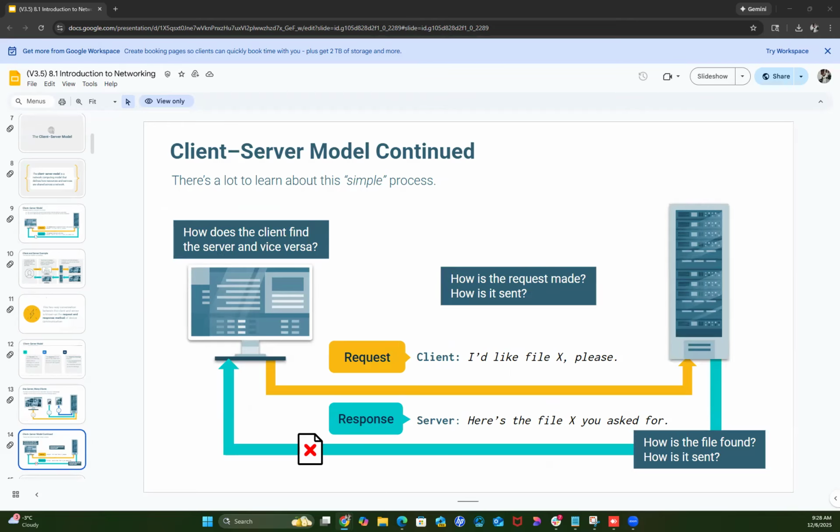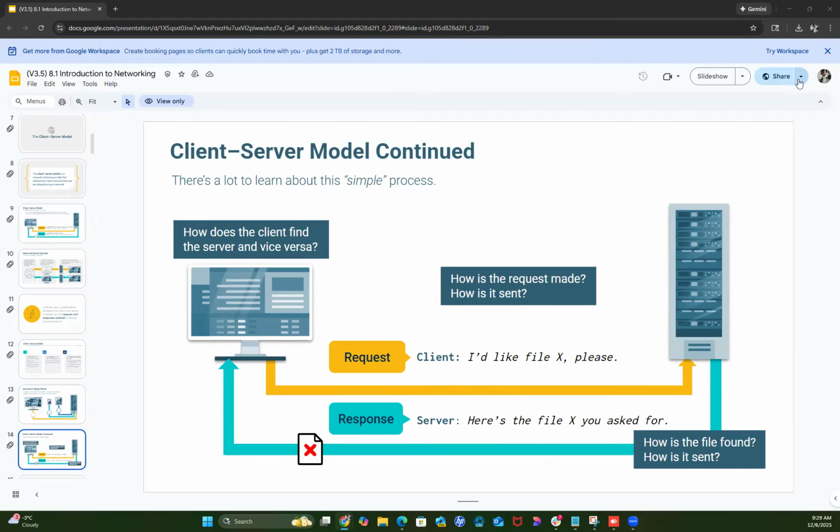So this is the client server model. We just explained the very simple process. So how does the client find the server and vice versa? They just send the request: I would like file X, please. The server says, here is file X. And if the file cannot be found, they have an error message.